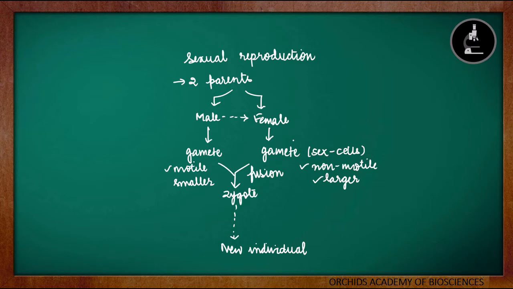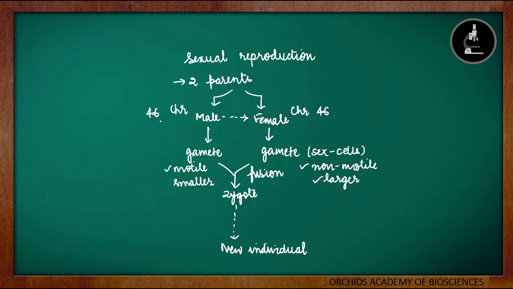One more important thing which we need to understand here is that the male will have a certain number of chromosomes. Similarly, the female will also have an equal number of chromosomes because they both belong to the same species. For example, in human beings, males have 46 chromosomes, females also have 46 chromosomes. But the number of chromosomes in the gametes will be half of that of the parent.